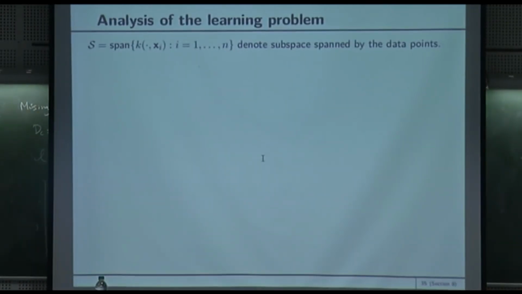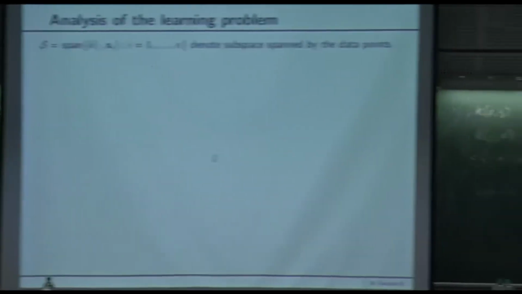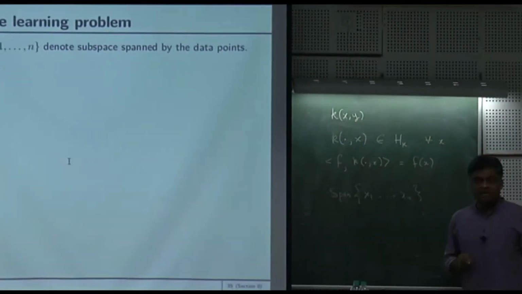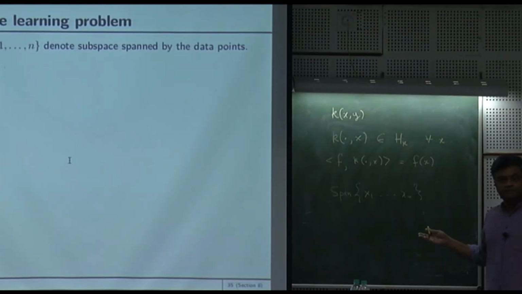What is a span? Just to put you into Euclidean space, if I say that I want to consider the span of vectors x1 up through xn, how do you define the span of a bunch of vectors? Just to remind you of your linear algebra. Basically the vectors on the basis of which we can define any other vector as a linear combination. Perfect.